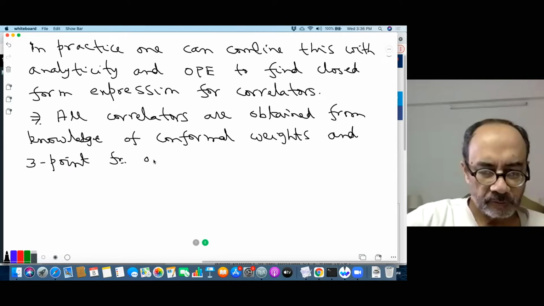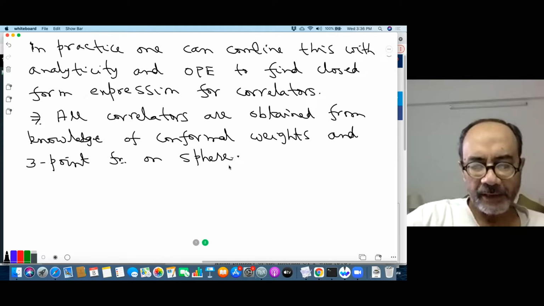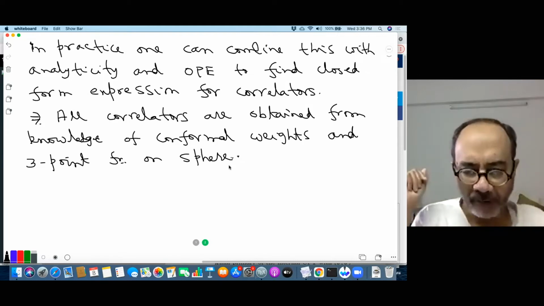Because you can start with the sphere 3-point function and then start sewing punctures to build spheres with a larger number of punctures, and then you can start sewing punctures on the same sphere to build up the higher genus correlation functions.